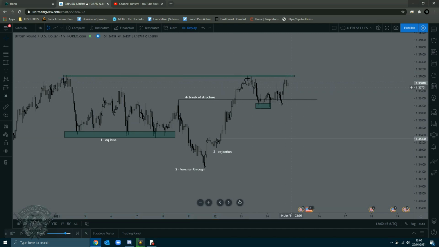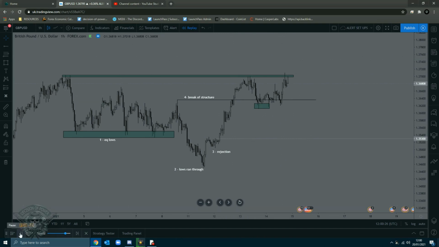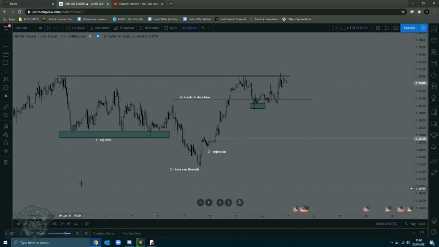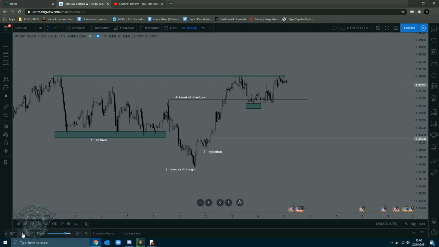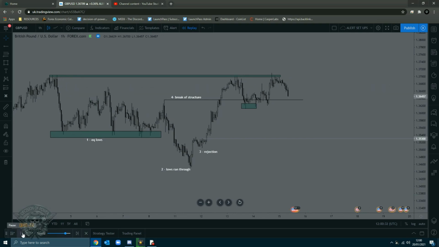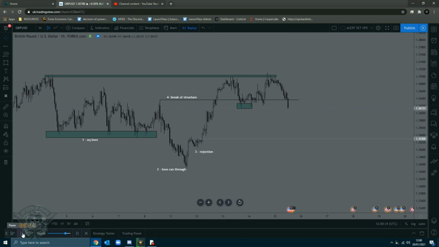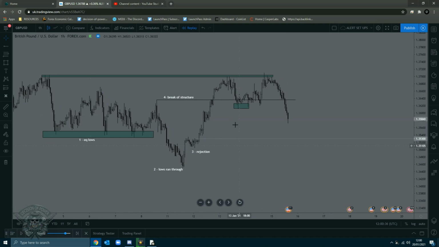But remember, all along during this entire process, all we're waiting for is that retracement back down to this level. We don't care about what goes on up here. So if you had bought this double bottom, you've now been taken out.